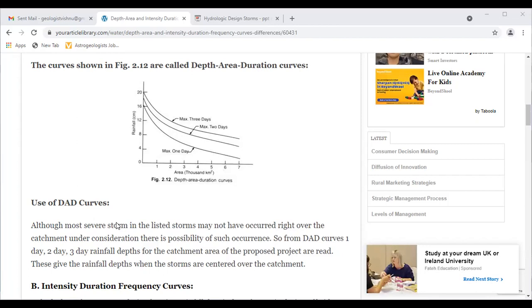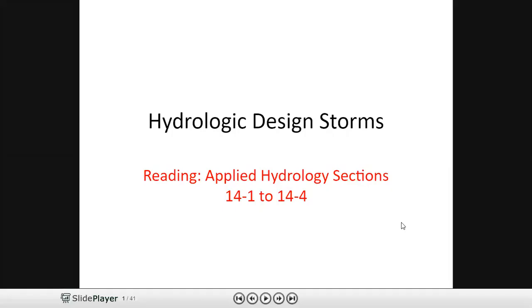Okay, guys, this is about the DAD curves. Here, now, hydraulic design storms.